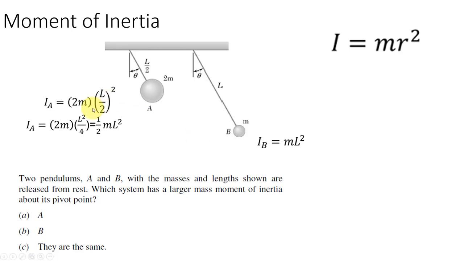So cranking through this, for mr squared, in this case, the m is actually 2m and the r is L over 2. So you can compare the inertia for case A with the inertia for case B, which is just L is the r and M is M. So ML squared versus 1/2 ML squared.